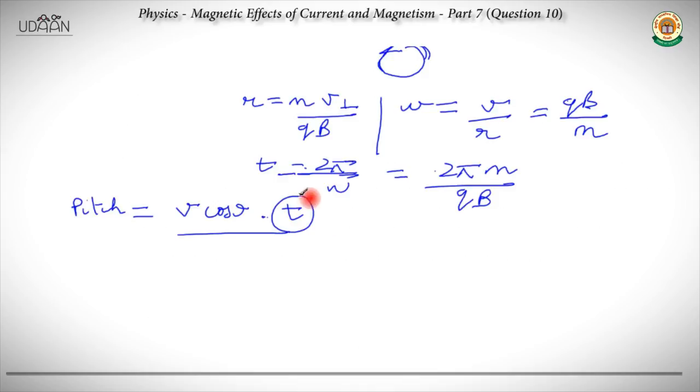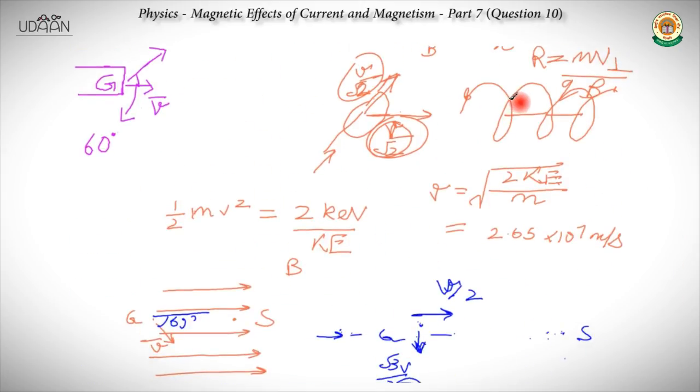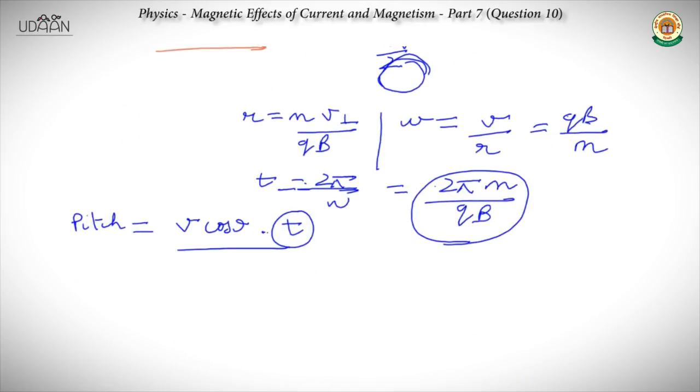This time is 2 pi m by qB, because once it completes a circle and reaches the same spot, that is the time we have calculated. So this comes out to be 2 pi m by qB whole into v cos theta.